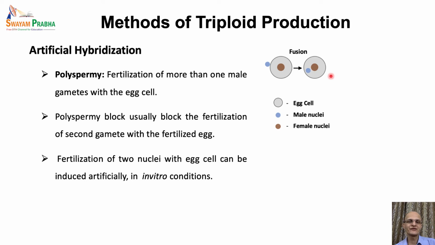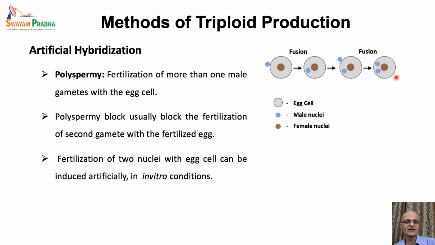Now, within a few minutes of this first fusion, a second male nucleus can be fused with the fertilized egg, again through electrofusion or using some other available tools for supporting this fusion. This results in the fusion of the second male nucleus, and now the egg cell has three nuclei, that is, one of its own nucleus and two male nuclei that have fused with this egg cell.